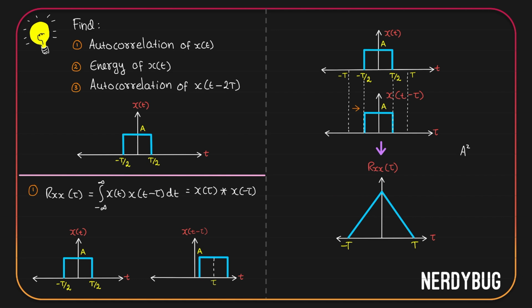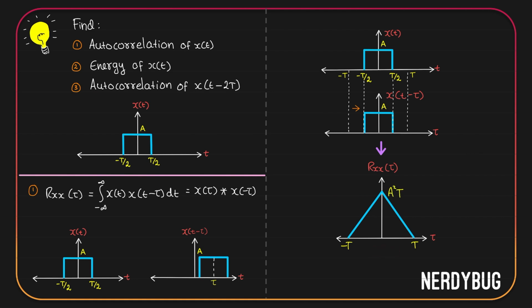While integrating, you will get the area under the graph. So the graph whose value is a square will range from minus t by 2 to t by 2, that is t units. So area will be a square into t. This is what we get at tau equal to 0. So maximum value is a square t.